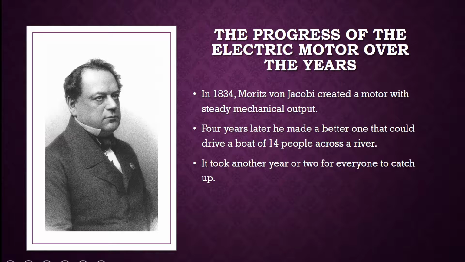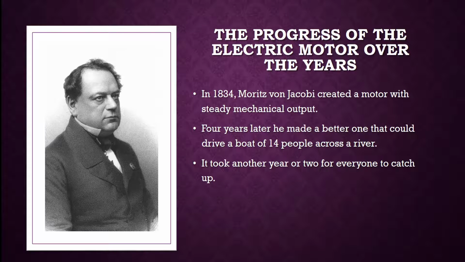Alright, so the progress of the electric motor over the years. Since Faraday's invention of the weak electric motor, there were a number of iterations of similar motors that also had very weak mechanical power outputs.